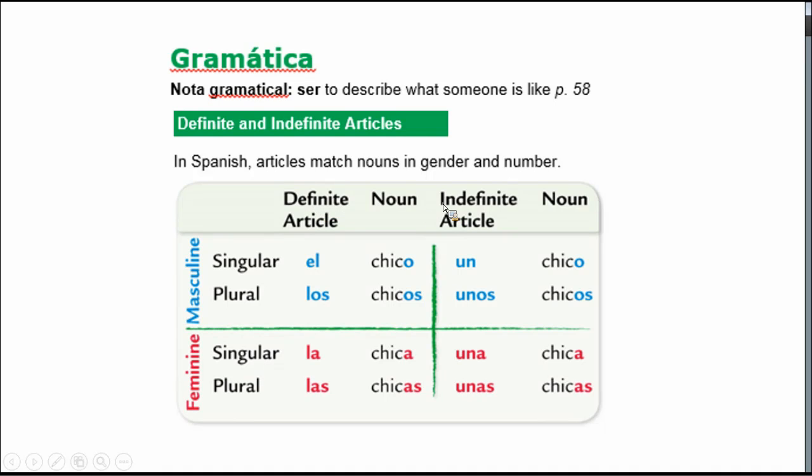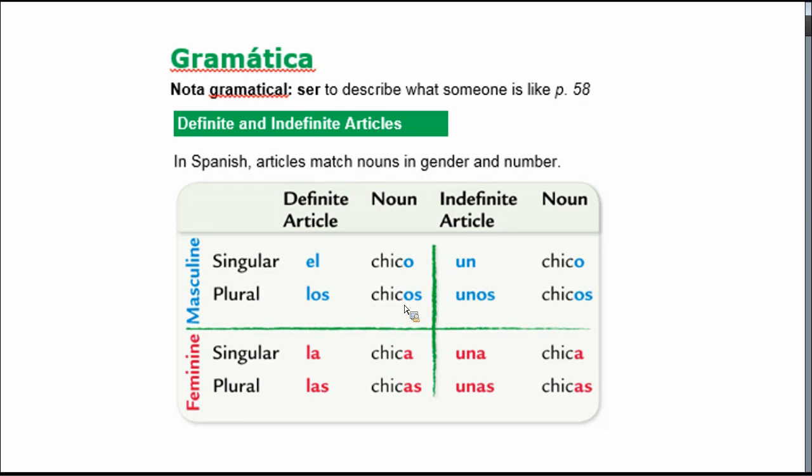And then we see that it's organized here by, first of all, on the side we have masculine and feminine. Okay, so usually the rule is if it ends in O, it's going to be a masculine word. If it ends in O or anything else like R or N, like trabajador or joven or something, it's usually a masculine word.